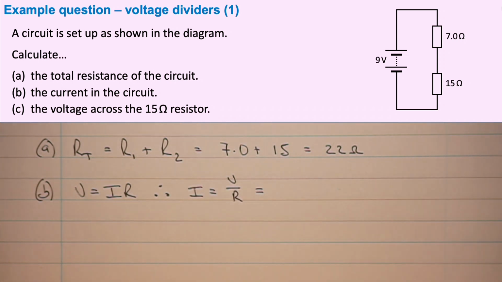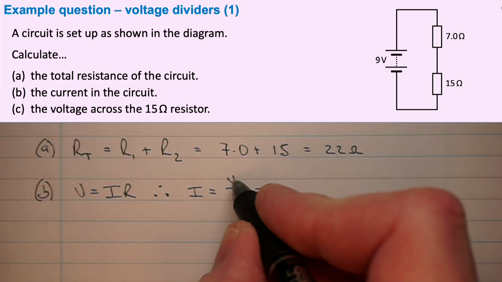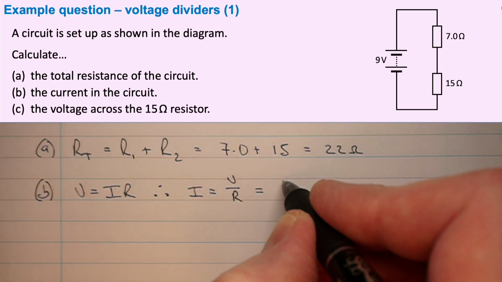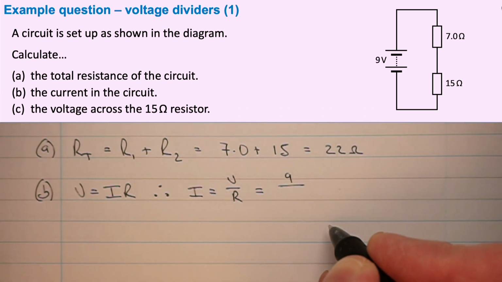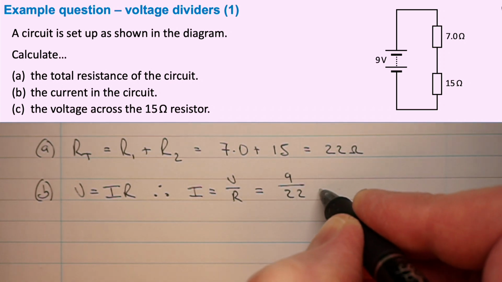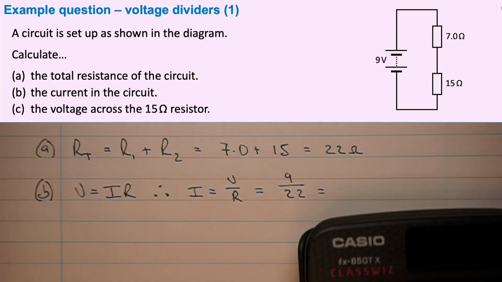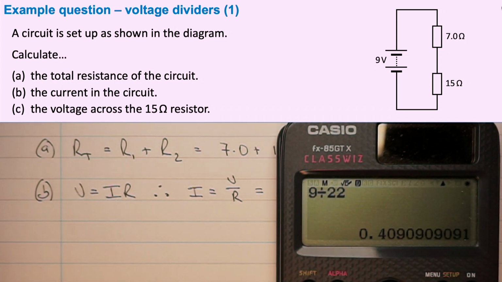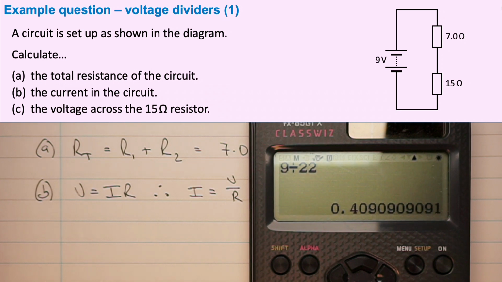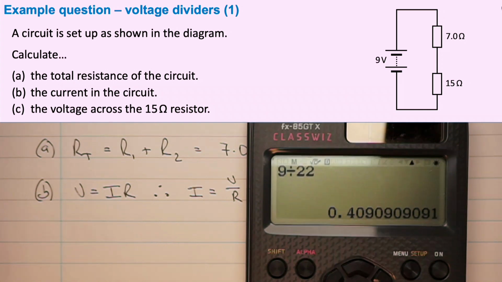If you're not 100% sure about rearranging equations, I do have a video about that. Now, V is the total voltage, the supply voltage, divided by the total resistance, and I should really have had the supply voltage written to 2 significant figures. You can see I've already entered this into the calculator, because I'm going to write the final answer as 2 significant figures as well. I would imagine in an SQA exam it would be written to 2 significant figures at least.